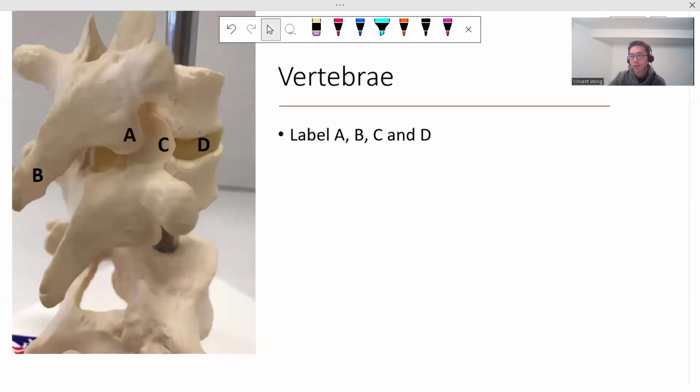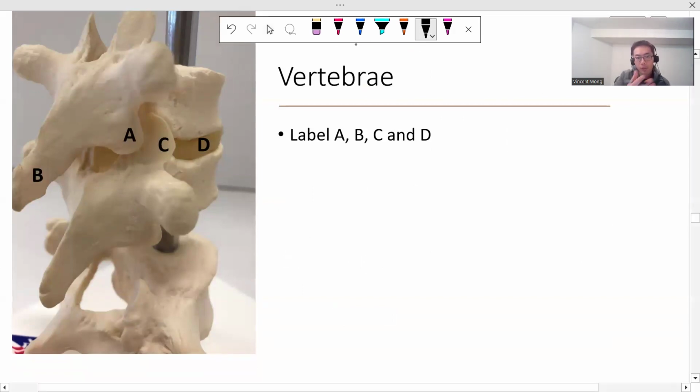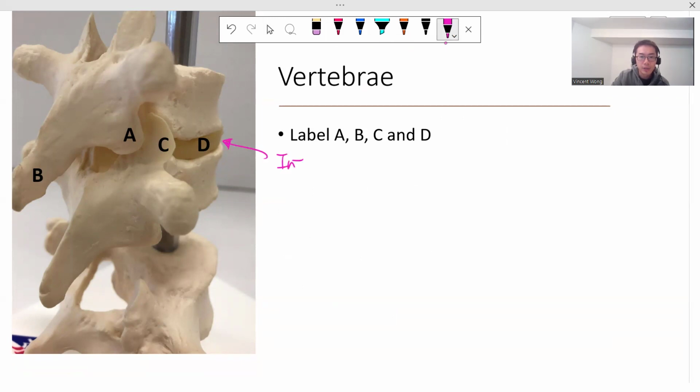Okay, there's a bunch of things here. We are looking at the thoracic section. And here D is the intervertebral disc. Intervertebral disc.